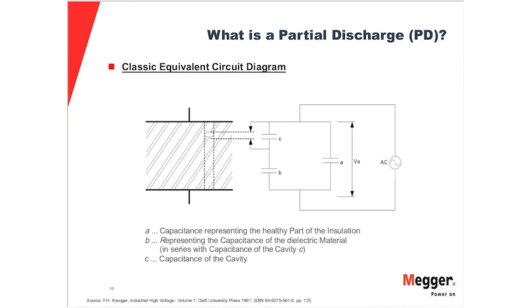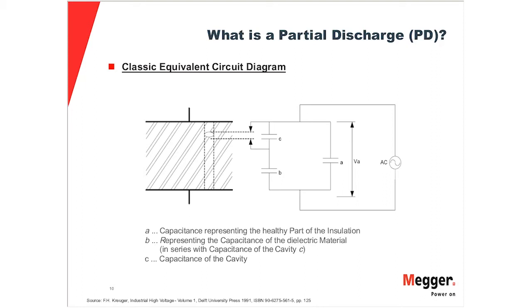Now, electrically seen, what is the equivalent circuit diagram from partial discharge? Try to explain that here. So you will see capacitance A represents the healthy part of the insulation, while you have capacitor B, which represents the capacitance of the dielectric material in series with the capacitance of the imperfection, which in this case it's a cavity.